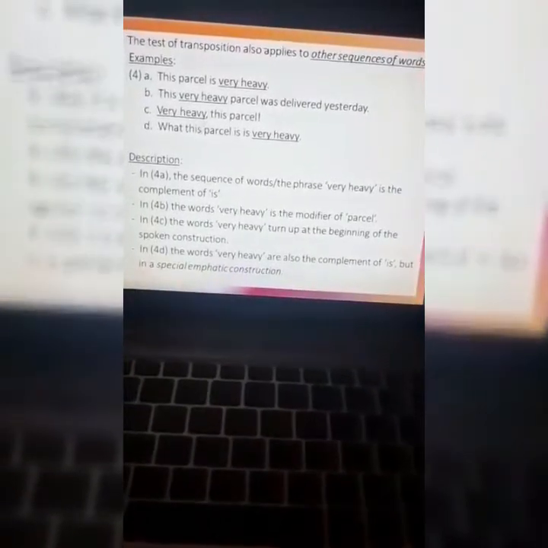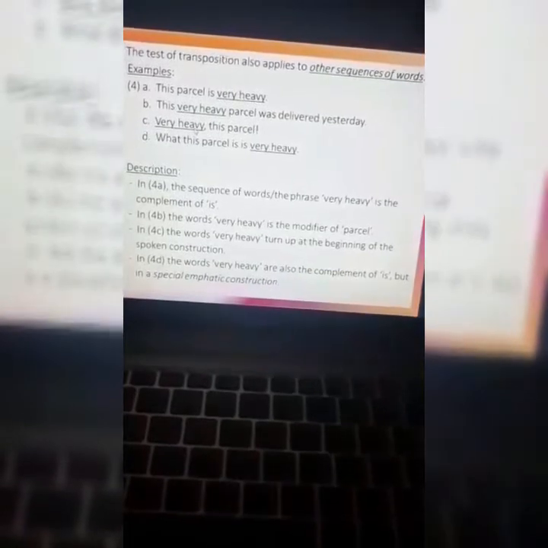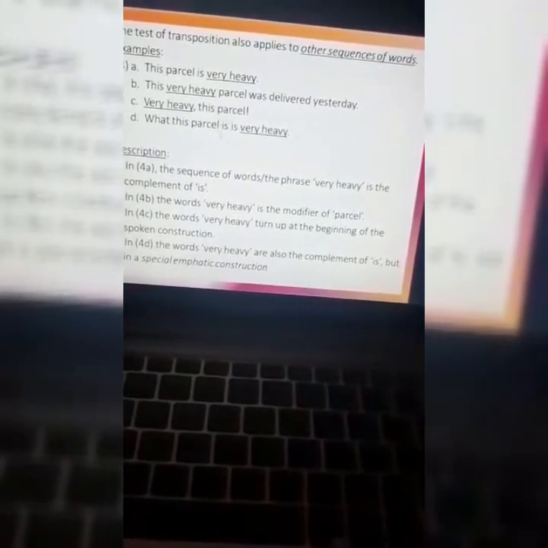Kebetulan dalam konstruksi in 4C ini adalah untuk spoken. Kalau untuk written, it is not allowed because it is not polite. Ini impolite ya, ini maksudnya tidak sopan. Ini boleh hanya untuk spoken saja. Yang ini kenapa dia ada isnya dua? Is yang pertama itu adalah kata kerjanya.